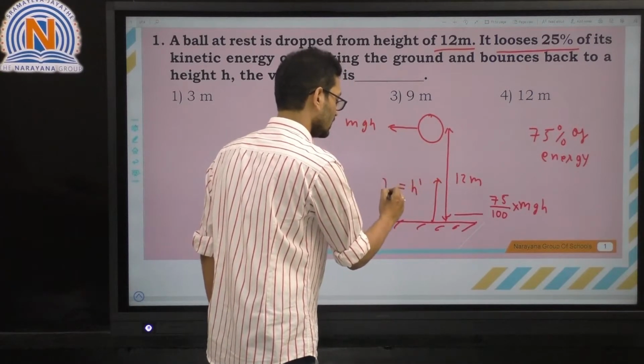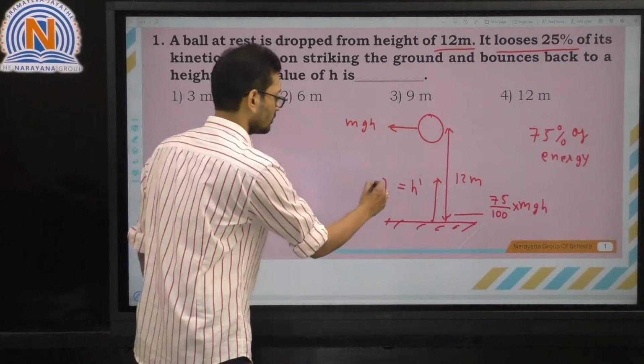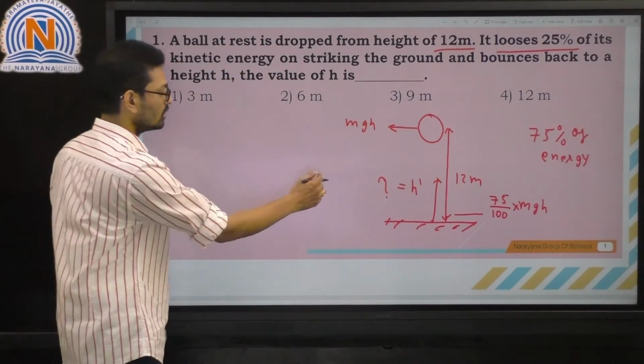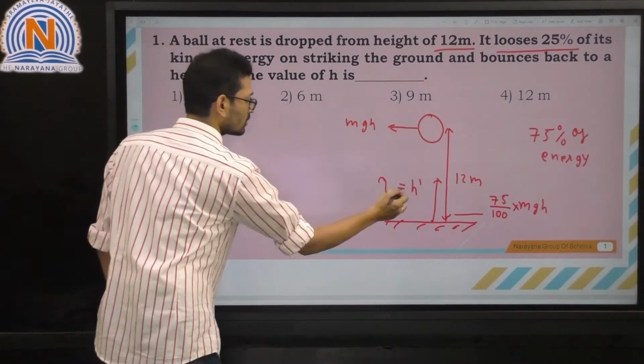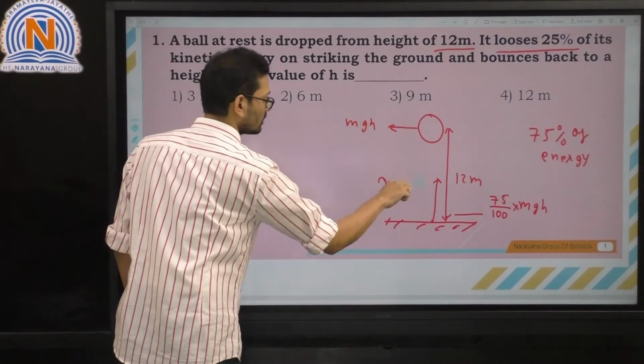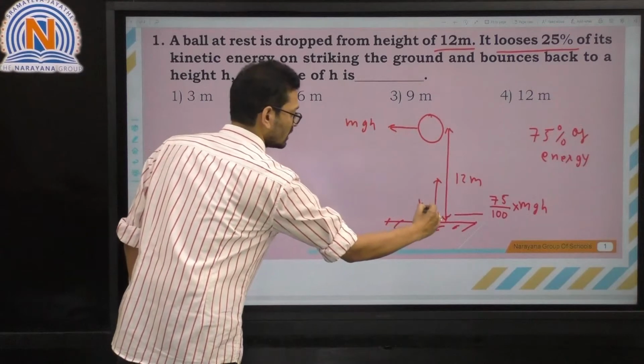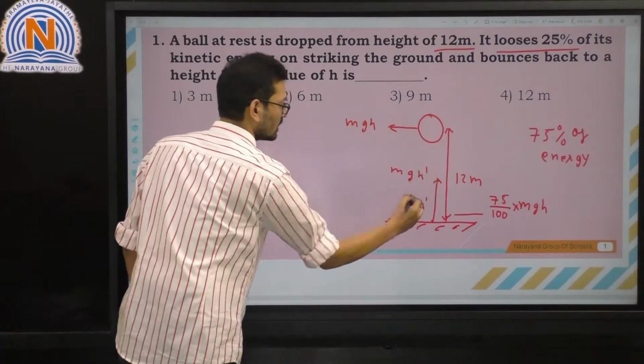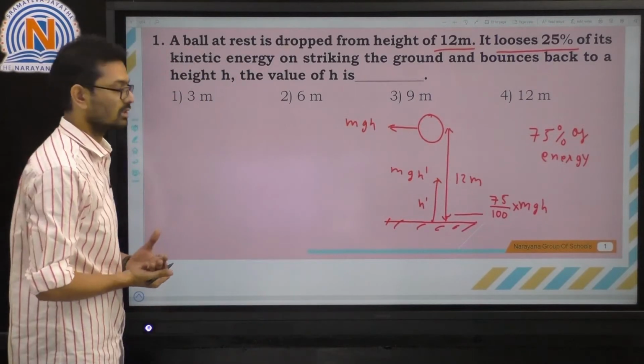I want this height, the question mark here. At h dash, you will have energy mgh dash.